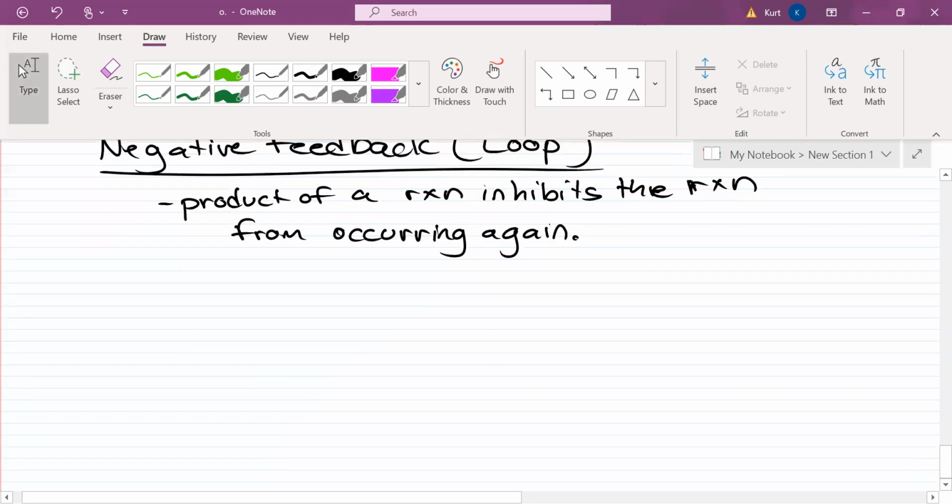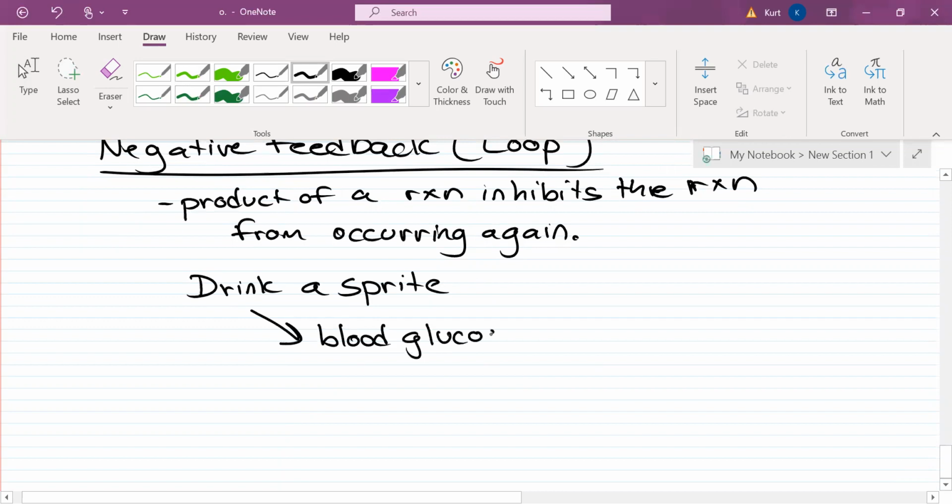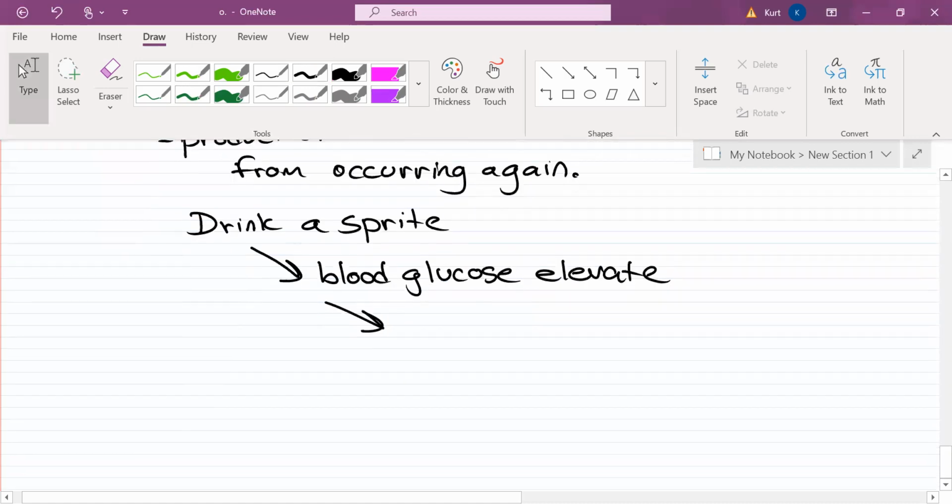So let's say that Mark drinks a Sprite. Sprite has a lot of sugar, Mark. So what do you think the Sprite is going to do to your blood glucose levels? Oh, yeah. Blood glucose elevates. This isn't very good. So let's see if those of you that may know, what hormone lowers your blood sugar?